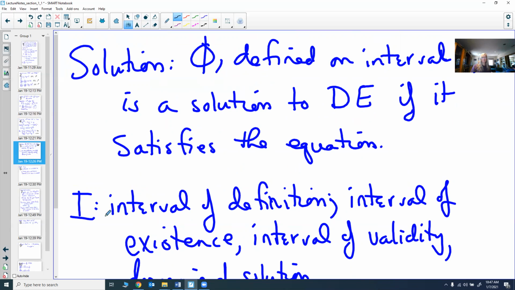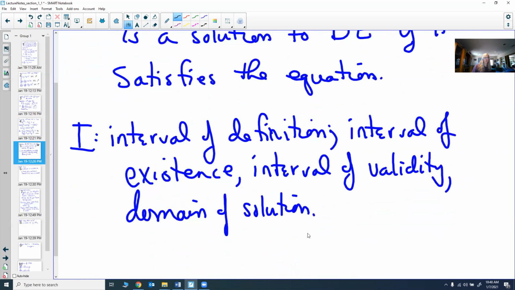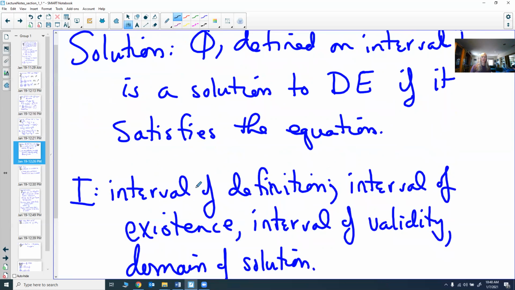Your interval, your I, is your interval of definition. It's also sometimes called the interval of existence, the interval of validity, and sometimes just the domain of the solution. Those I's are a little different than the domain of the function of the solution itself.